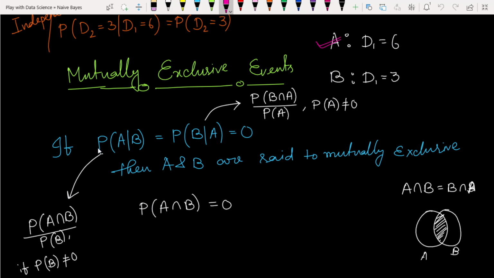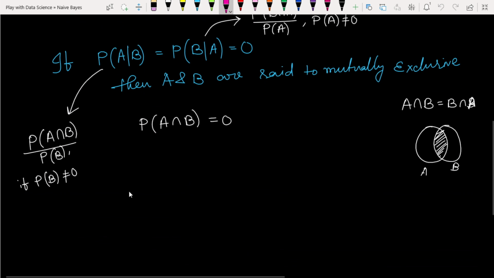First, what does this probability mean? Probability of A given B means what? This event B has already happened, and given this event we have to find the probability of A. This means that if we throw the die and have already got 3, after that we expect the value to be 6.